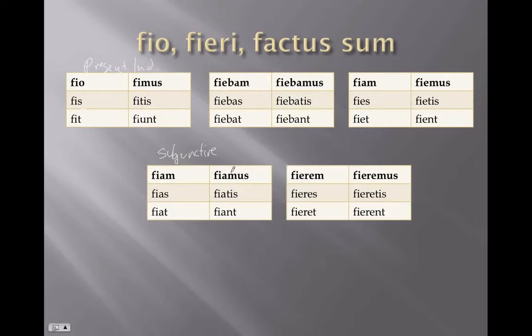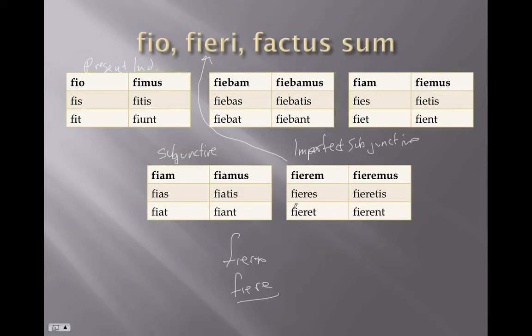The one strange one is going to be the imperfect subjunctive. And it's strange only inasmuch as we have to construct that present active infinitive from the passive infinitive. So we're going to take our infinitive, fieri, and we're going to drop off the i, change it to an e, fiere, and on this we then add our endings.